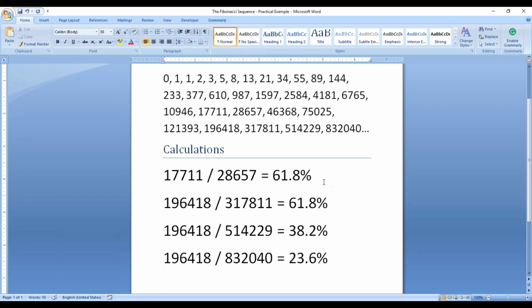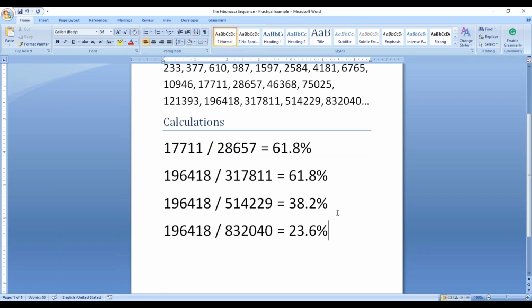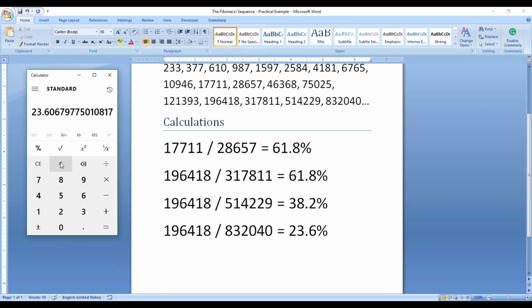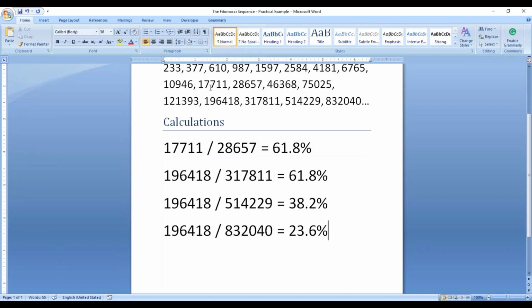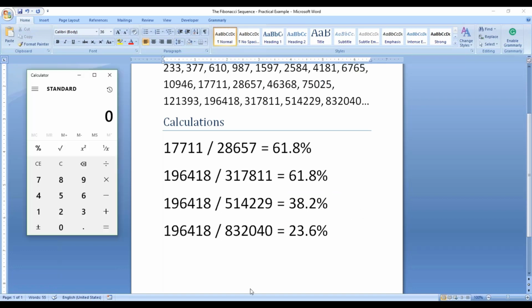All right. Remember these percentages carefully. I'm going to do one more quick check for you, so you will see that these numbers fully match. For example, let's take this one, and let's divide it by the one that stays 2 positions to the right, this one, and we're going to get this percentage, 38.2.